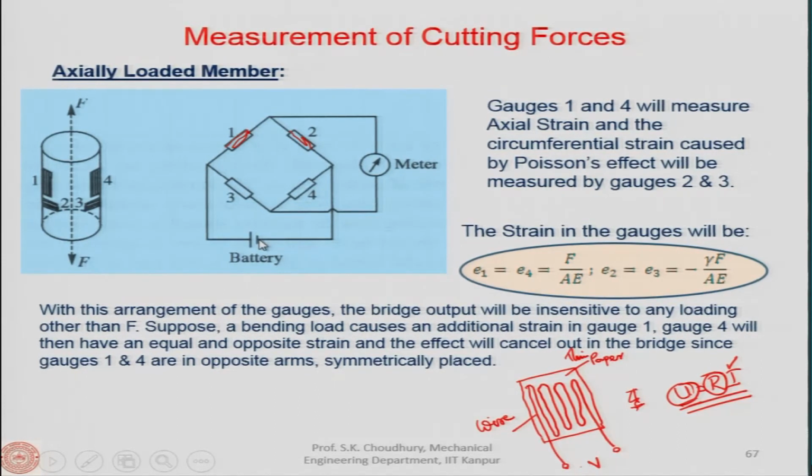passed. So, gauges 1 and 4 overall will measure the axial strain along the axis, and the circumferential strain caused by Poisson's effect will be measured by gauges 2 and 3. Both are strain gauges, 1, 4 and 2, 3. So, 1 and 4 will measure the axial force.